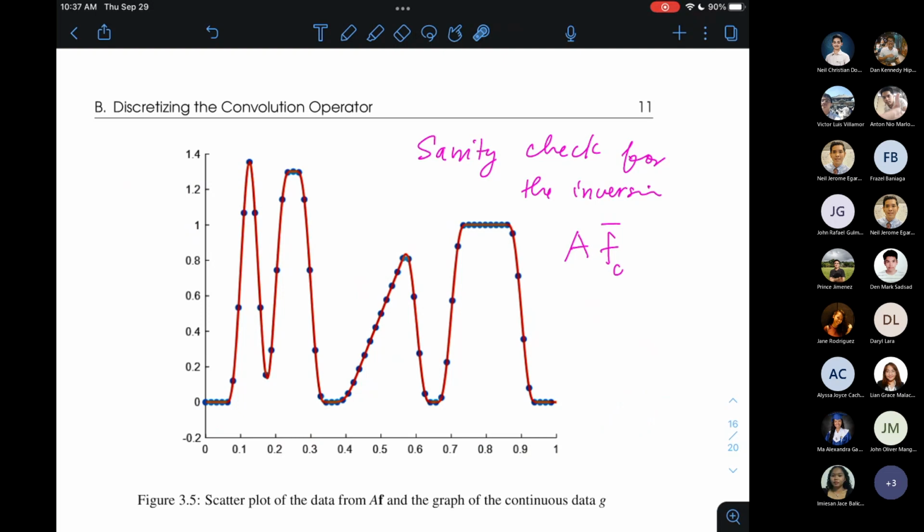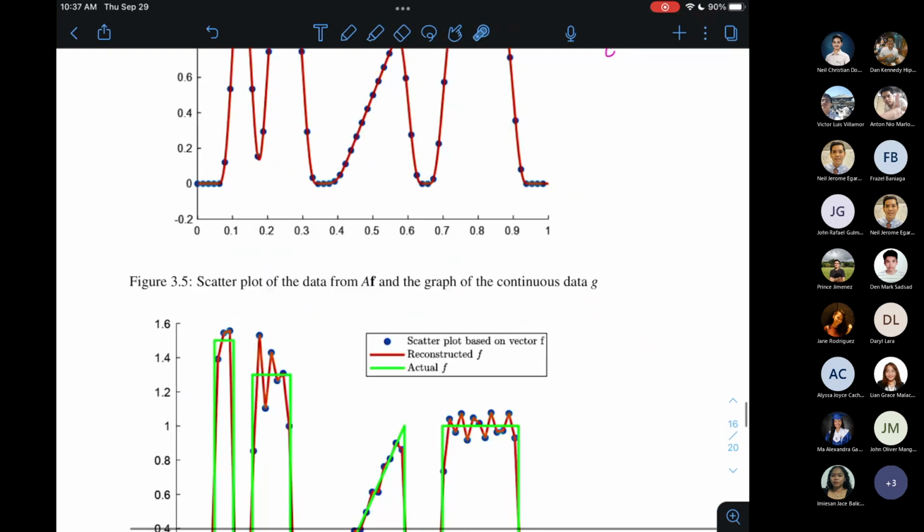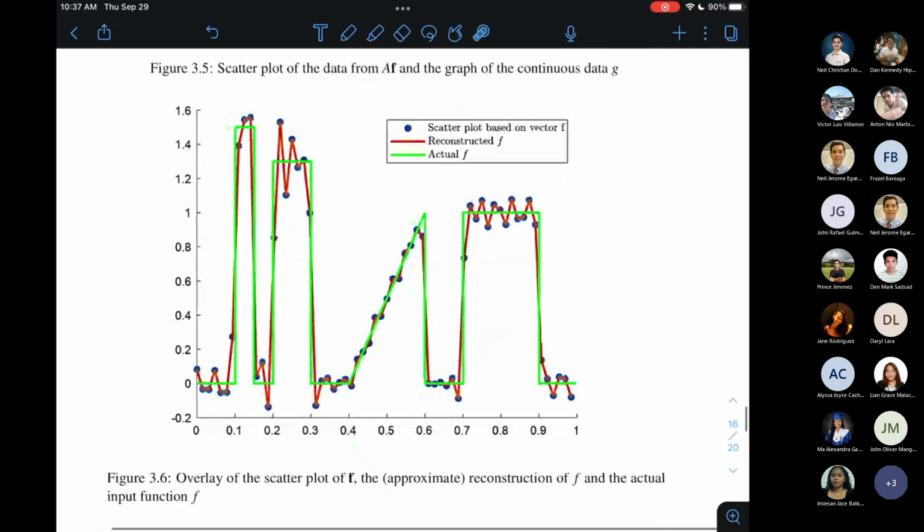All right? Now, ito naman, yung pag kinompare ko yung nakuha natin mula dun sa naive reconstruction, so the reconstruction for our F is shown in the orange or the red curve there. Ito yung na-compute ko kanina sa F bar computed. Okay? Tapos pinlot ko sa ibabaw niya yung actual na function F, which is the supposed solution.